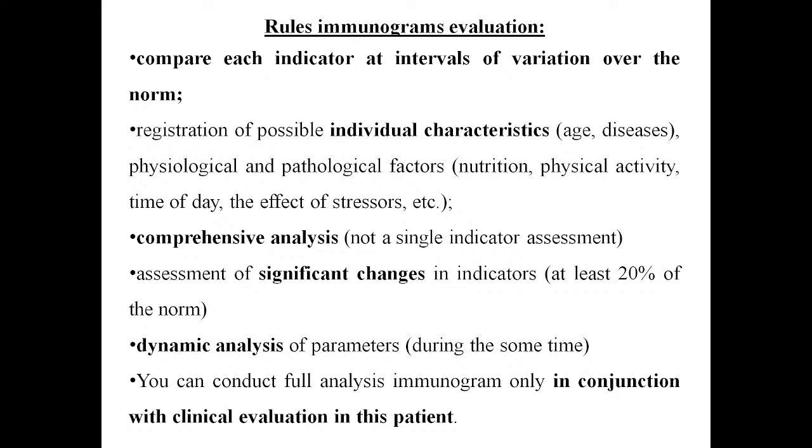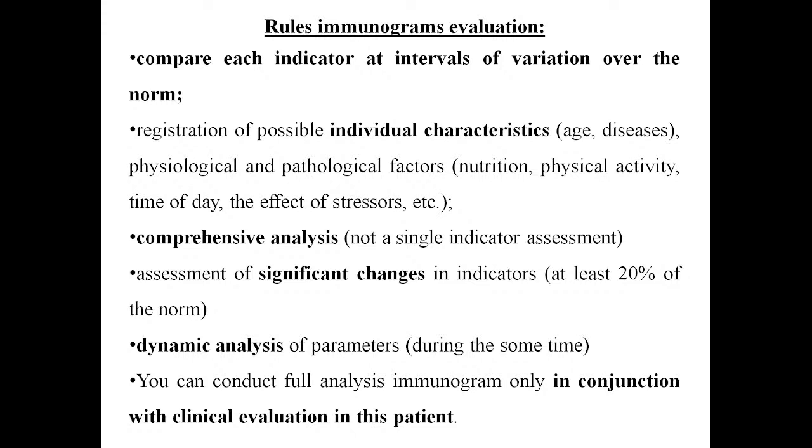Another rule is assessment of significant changes in indicators. Significant changes means at least 20% of the norm. For example, if the amount of T cells is decreased just a little bit, it is not the criterion of immunodeficiency. It doesn't mean that our patient has immunodeficiency. No. We should detect it by using significant changes.